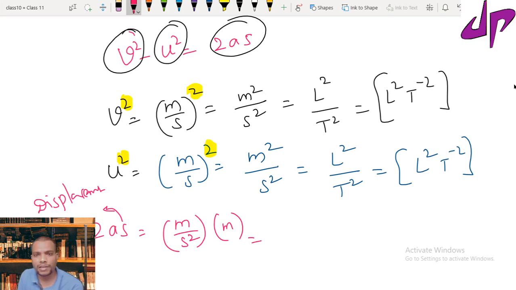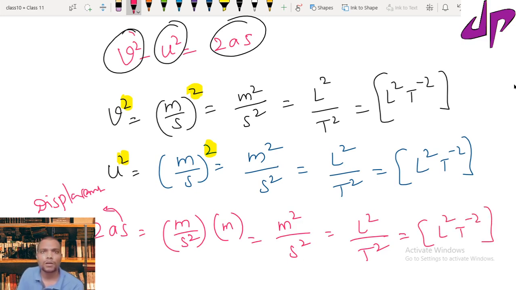If I simplify that, it becomes m square upon s square, which is equal to L square upon T square, or L square T power minus 2. Now these three terms have the same dimensions, so we can say the formula is dimensionally correct.